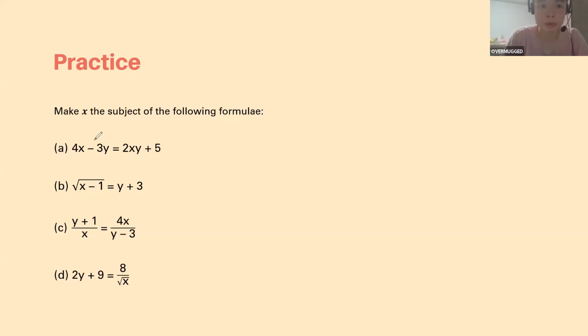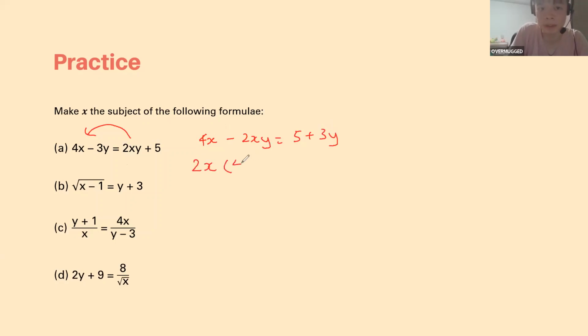Alright, I'll go through now. Don't forget the x inside over here. Some people forgot the x. I need to shift the 2y to the other side first and shift my 3y to the other side. Then I perform factorization.